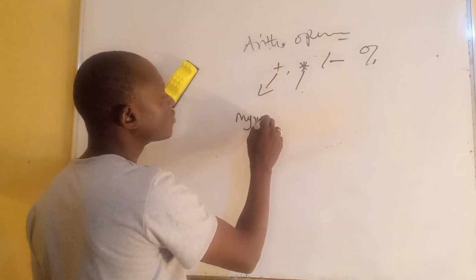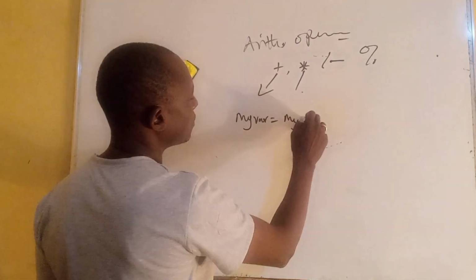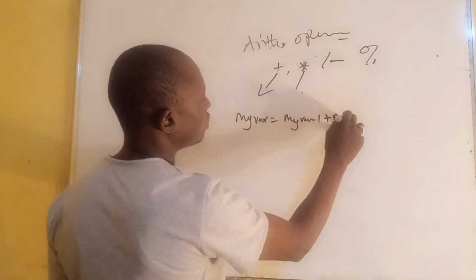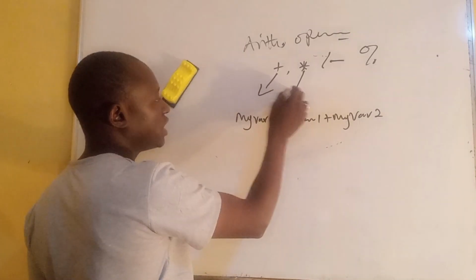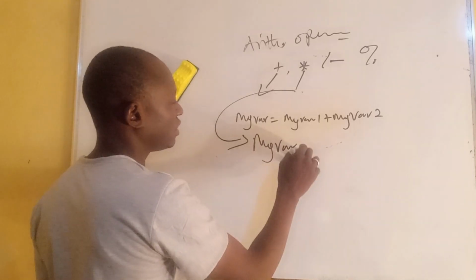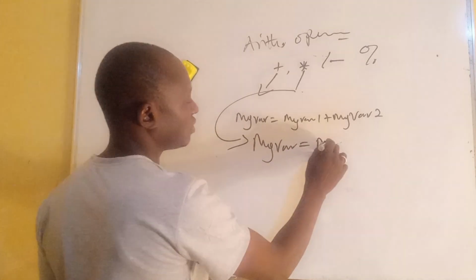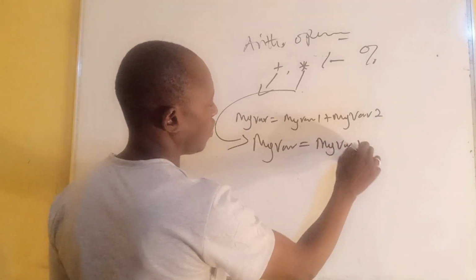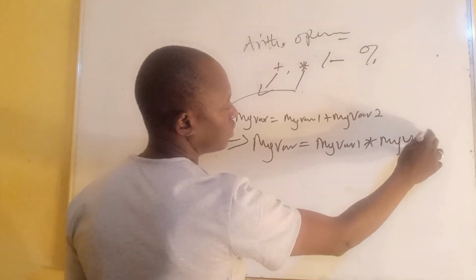myVar1 or myVar is equals to myVar1 plus myVar2. Here is maybe myVar is equals to myVar1 multiplied by myVar2.